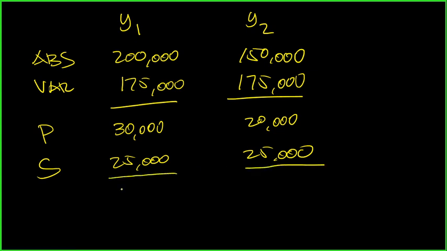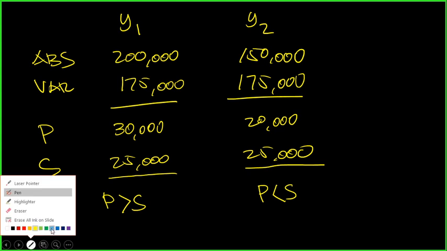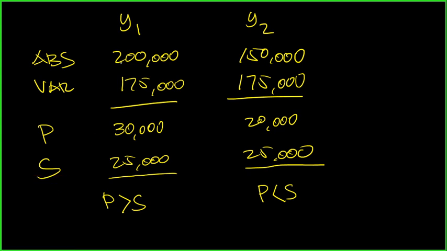Now, take note, in year 1, your production is greater than sales, while in year 2, your production is less than sales. This is one of the weakness of absorption costing. Okay, why? We can conclude that the net income under absorption costing is not just affected by the level of your sales, but it's also affected by changes in your production.